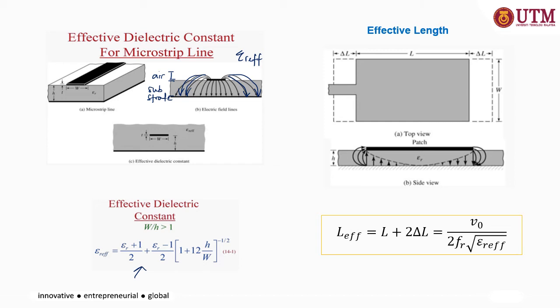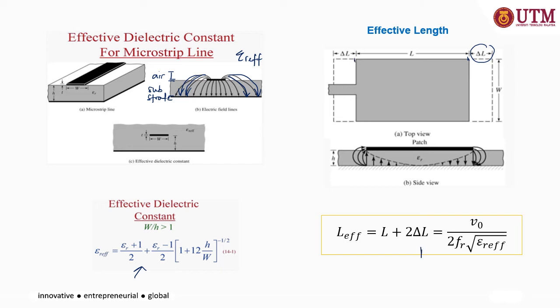And for the effective length, as I mentioned earlier, due to the fringing effect, the electrical length of the patch antenna becomes longer compared to its actual physical length. Therefore, the difference is defined by delta L, on both sides, at one edge of the structure and at the other edge of the patch structure.